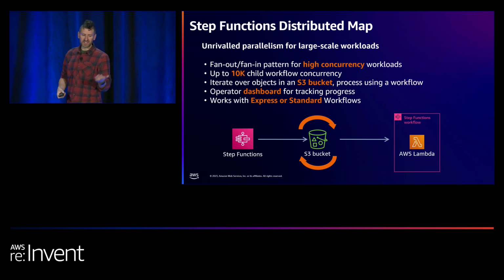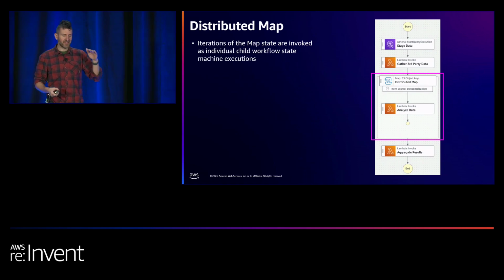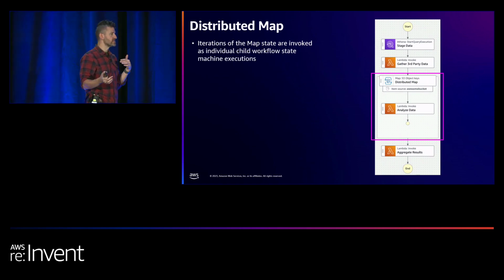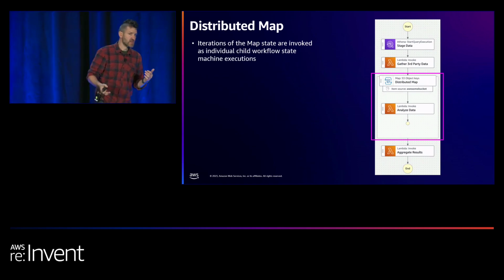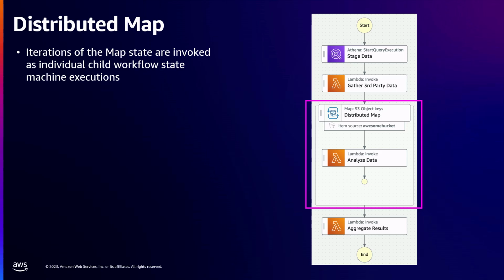So let's dive into a little more detail on what Distributed Map looks like. Here's an example Step Functions state machine that has a couple of states that happen before the Distributed Map and one that happens after. First, we're going to call Athena to stage some data. Then we're going to have a Lambda function that's going to gather some third-party data for us.